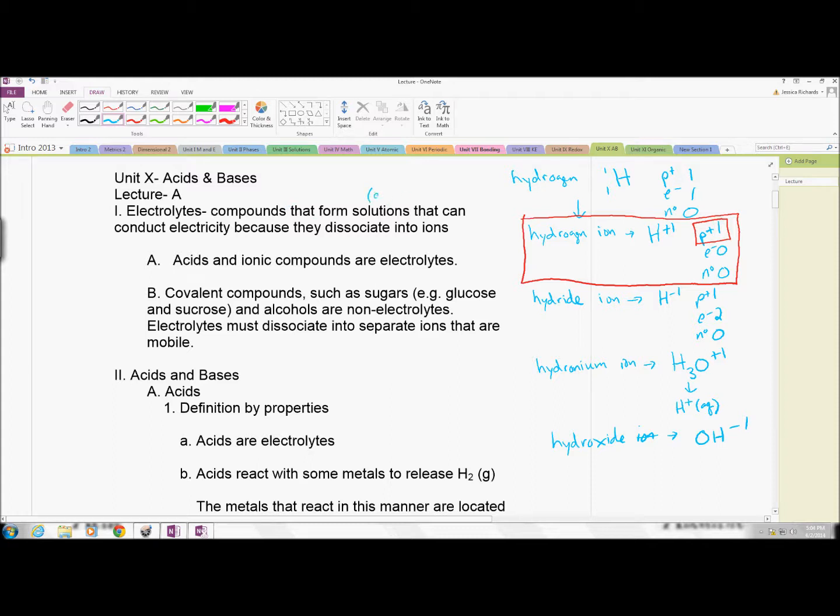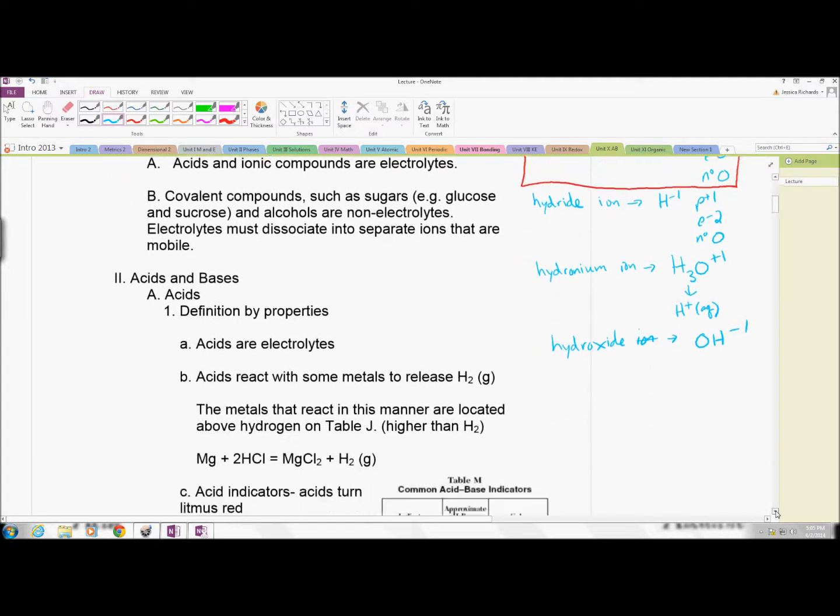They're all aqueous solutions, so their solvent is water. We've talked about electrolytes. Those are things that conduct electricity. In order to conduct electricity, you have to have areas of charge. So acids and bases all have areas of charge, and they are all electrolytes. Covalent compounds like sugar or pure distilled water do not conduct electricity because they do not ionize or dissociate.